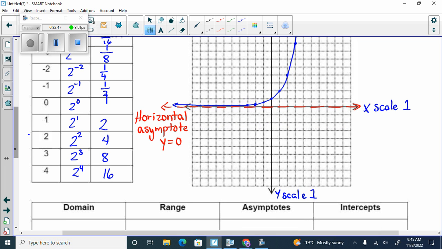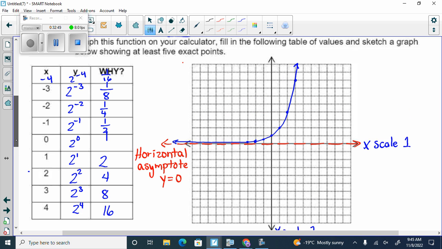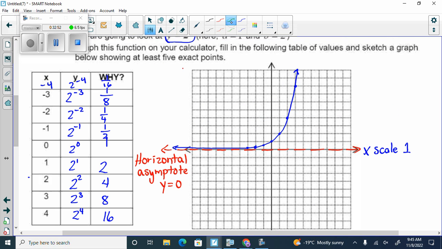If it was decreasing, so say it was a half instead, it would be like this. Ooh, that's aggressively large. So say it was a half. If I put in -3, it would be 1/2 to the -3, which is actually 8.